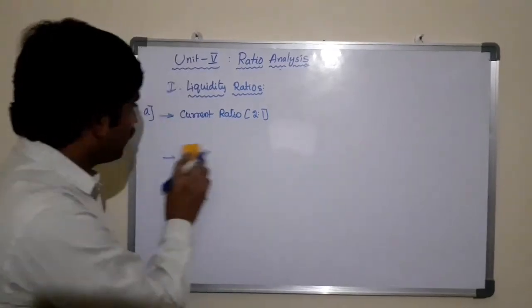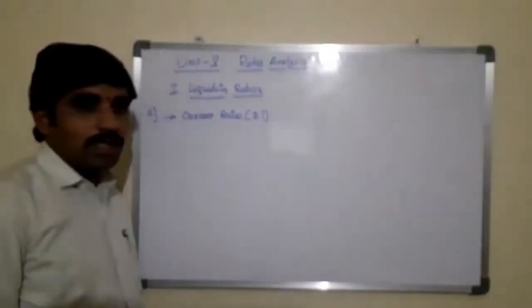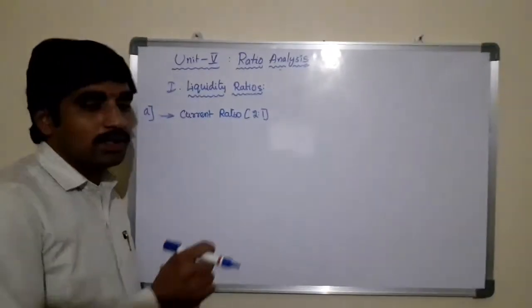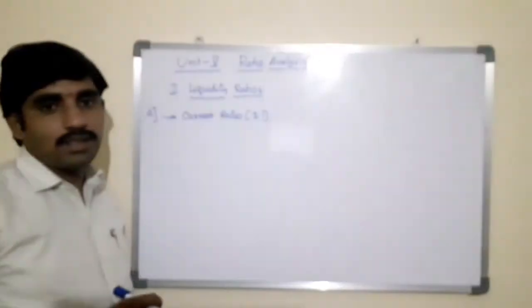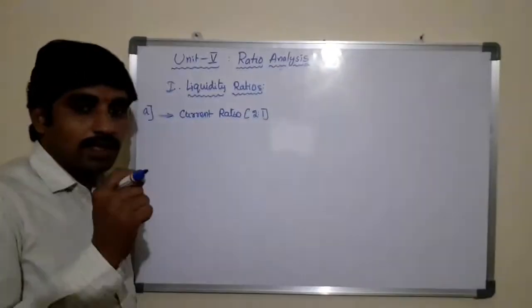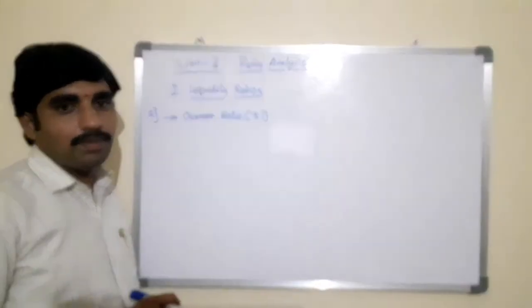The first type of ratio is the current ratio. What is current ratio? Current ratio is used to know the relationship between the current assets and current liabilities, that is, whether the current assets are sufficient in the business to repay the current liabilities.